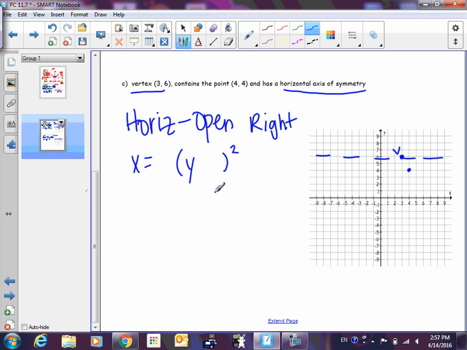I want you to put the numbers from the vertex in, and then I'll explain to you how we're going to find a. Like which number goes where and which is opposite and which is the same. If you need a hint, C is just like B, because it's horizontal.